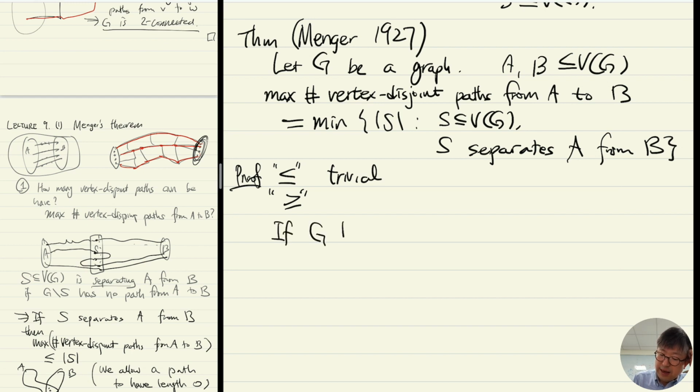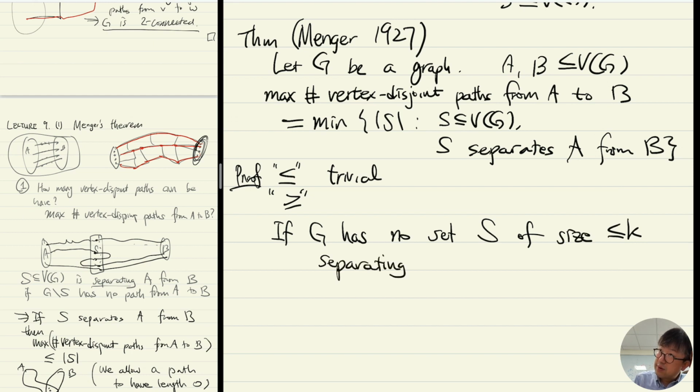If G has no set S of size at most K separating A from B, okay, let's remove the equality. So what does that mean?